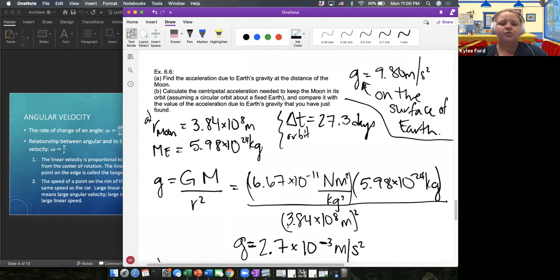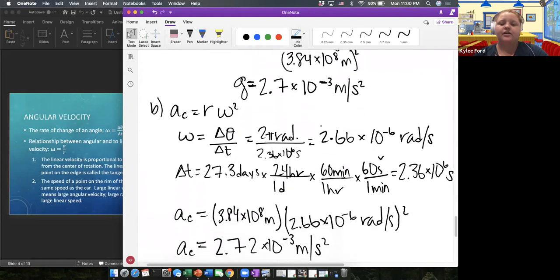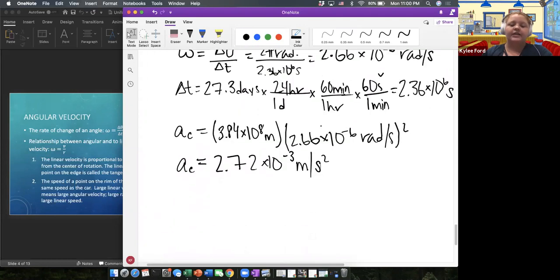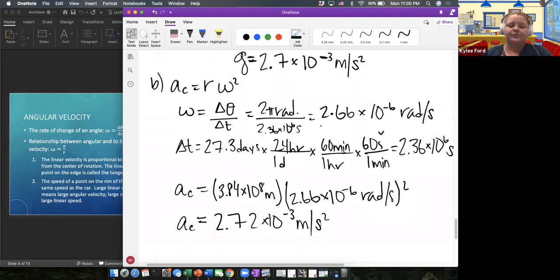So that's my centripetal acceleration. Now I want to compare it to the value that we just got, which you can already see is very close. Okay, and so we can divide the two.